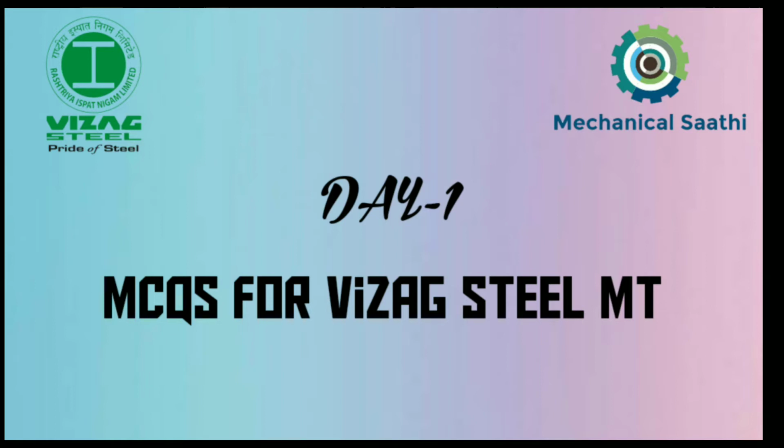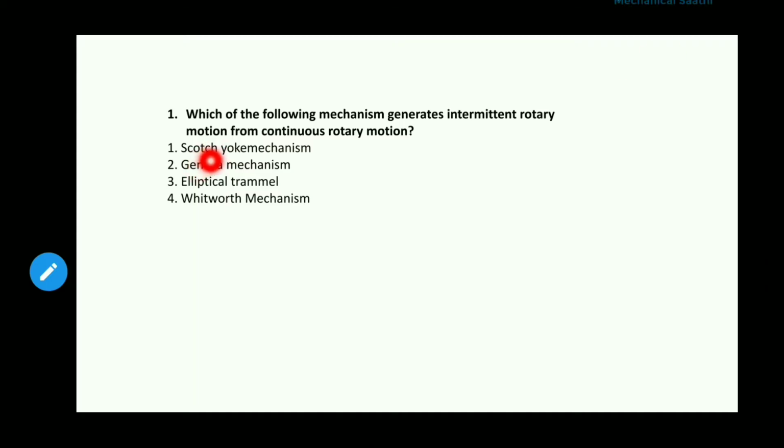So first question is: which of the following mechanisms generates intermittent rotary motion from a continuous rotary motion? Options are given: Scotch-Yoke mechanism, Geneva mechanism, elliptical trammel, and Whitworth mechanism.